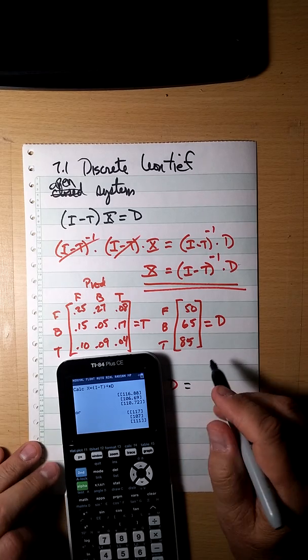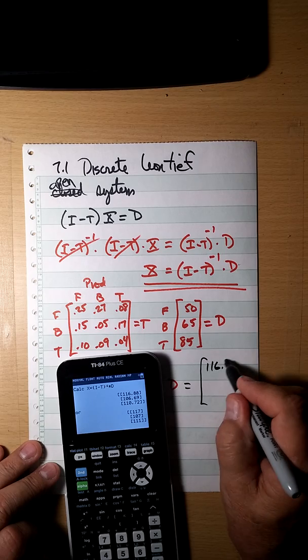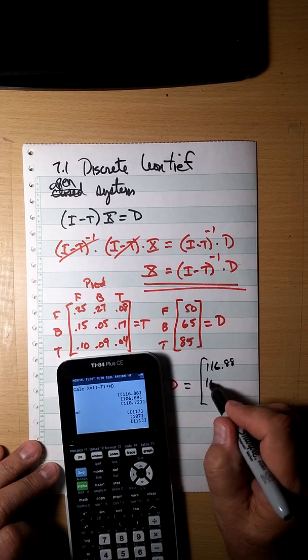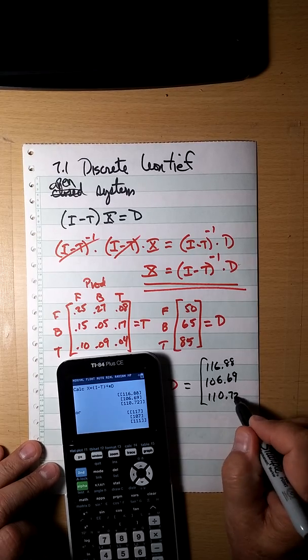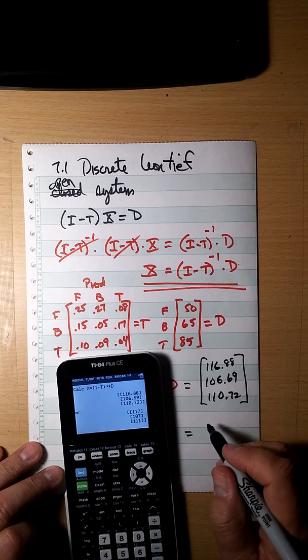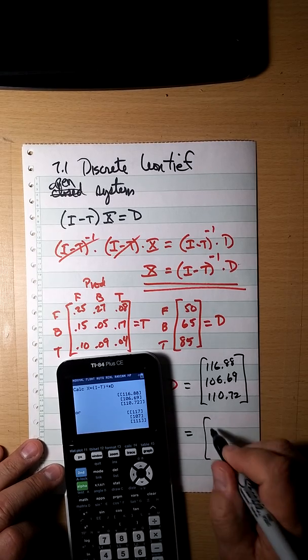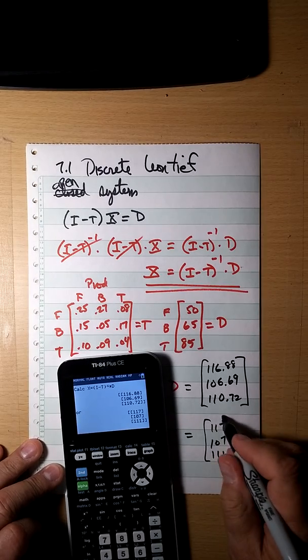So x of 1 is 116.88, 106.69, 110.72, and they've rounded that, because these are whole things, whatever they might be, to 117, 107, and 111.